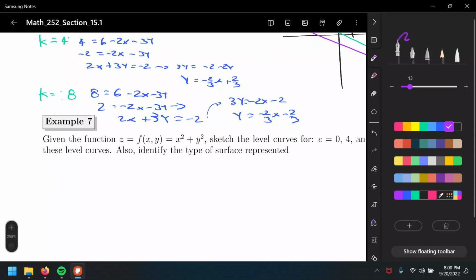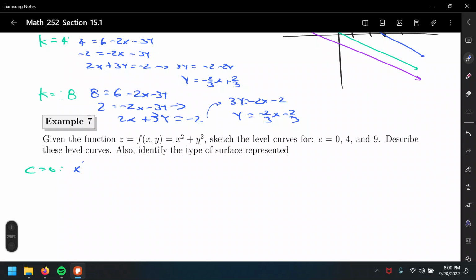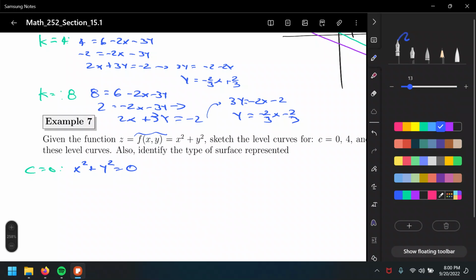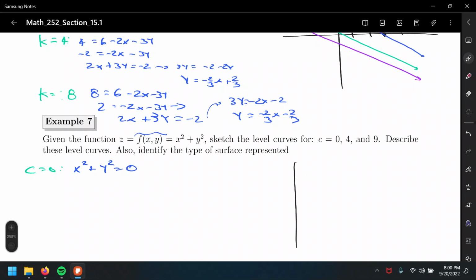For c equals 0, we're going to have x squared plus y squared equals 0. And that's just a point. Do we agree with that? It's just the origin. So we can go ahead and draw that one. That's the origin.